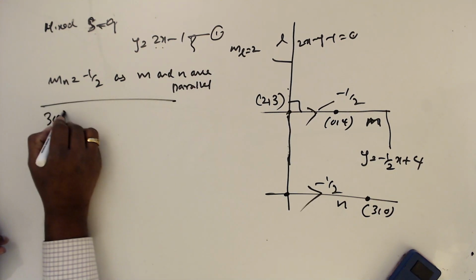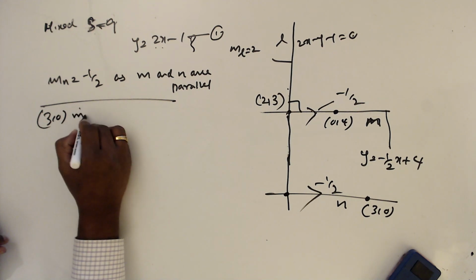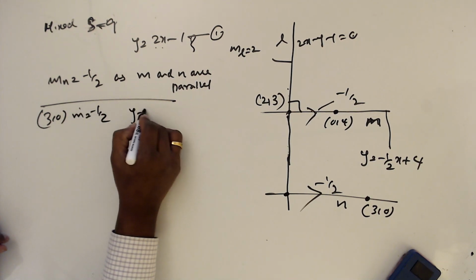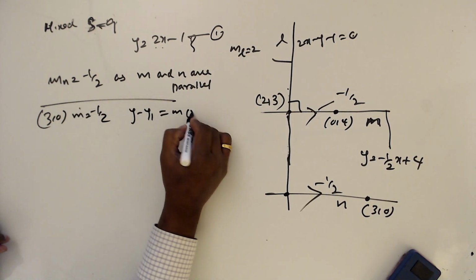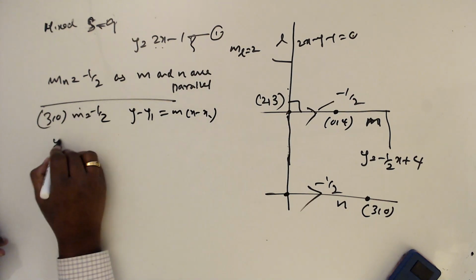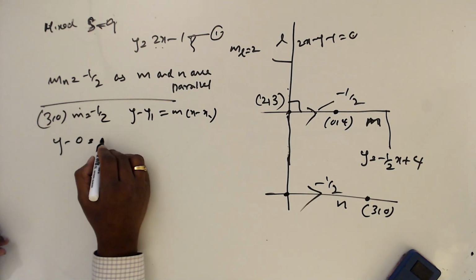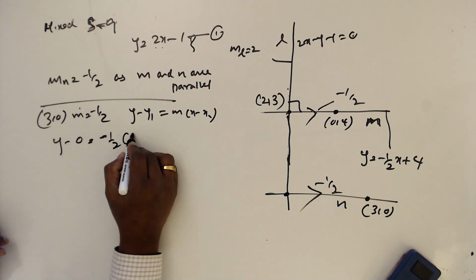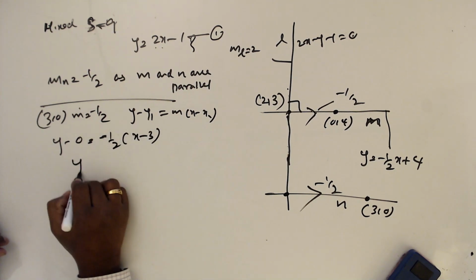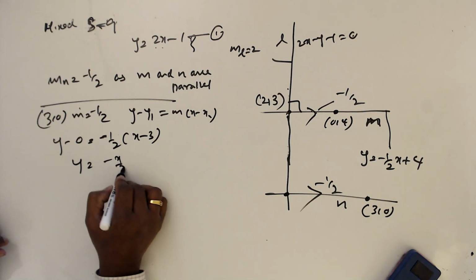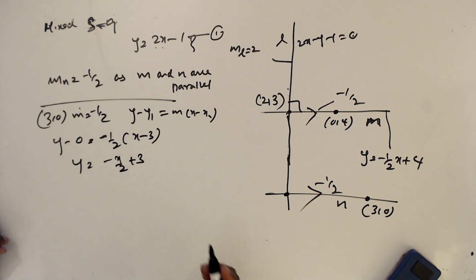We know one point, and m equals minus half: y minus y1 equals m times x minus x1. y minus 0 equals minus half times x minus 3. y equals minus x over 2 plus 3 over 2.